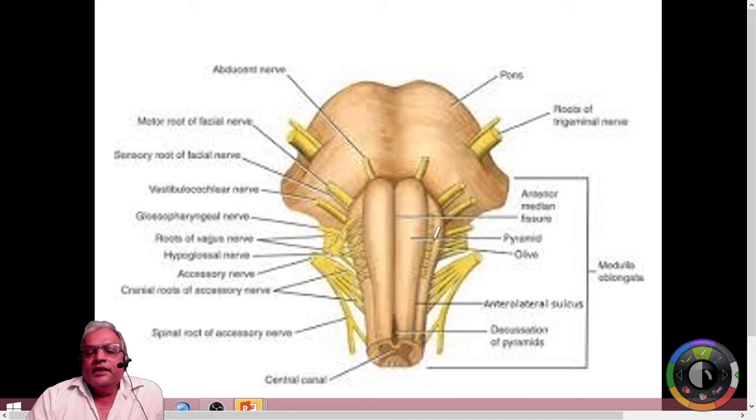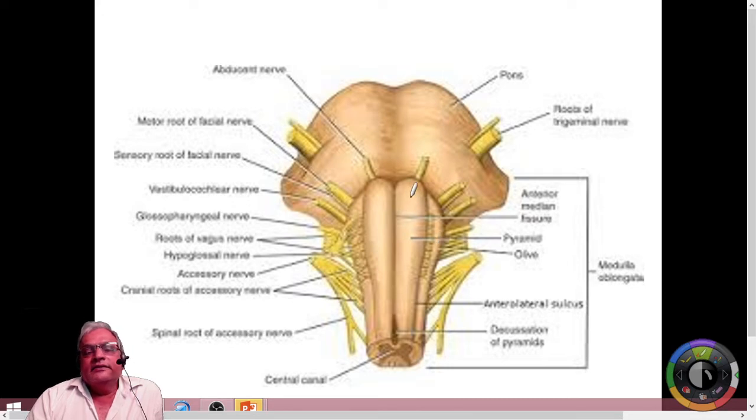So these are the rootlets of the hypoglossal nerve. And this is your pyramid, the pyramidal tract. And this is the olive, which is formed by the olivary nucleus that lies deep to it.